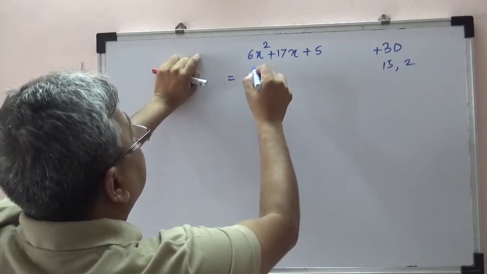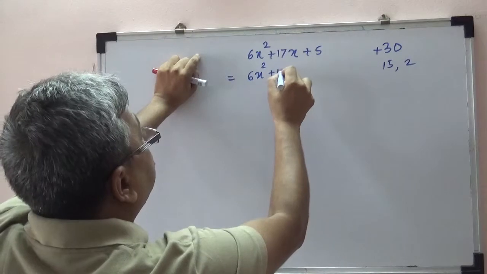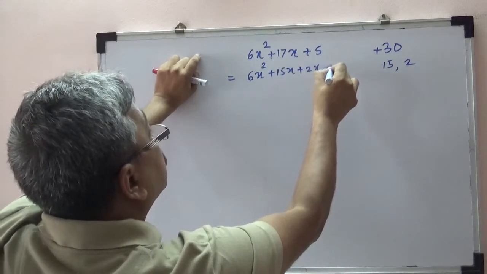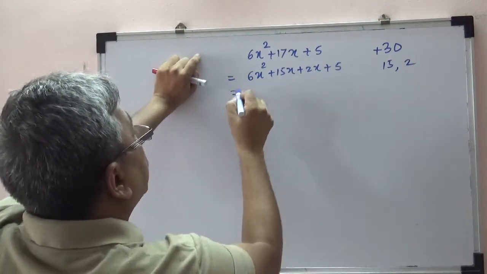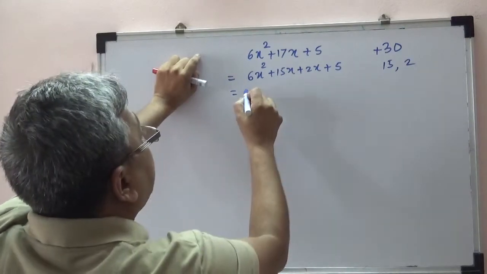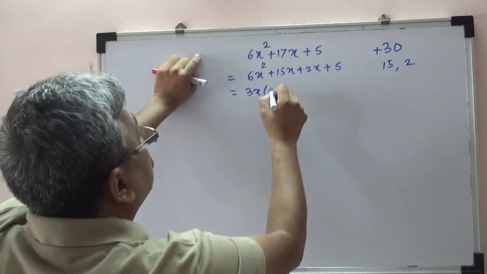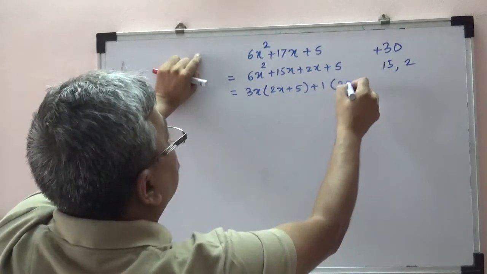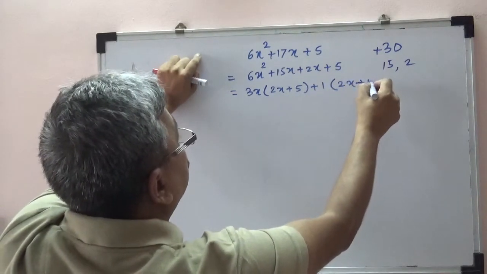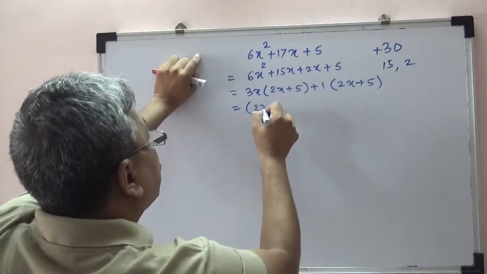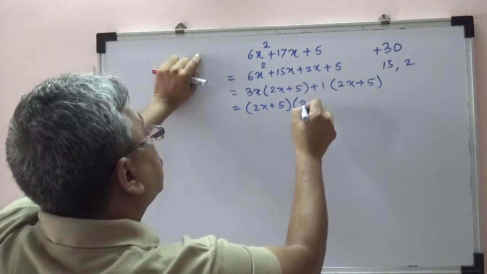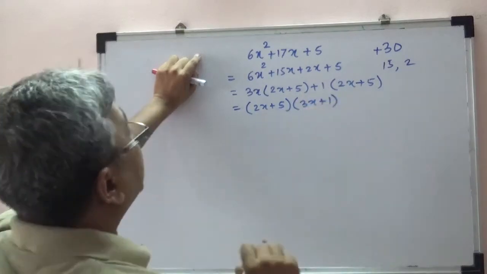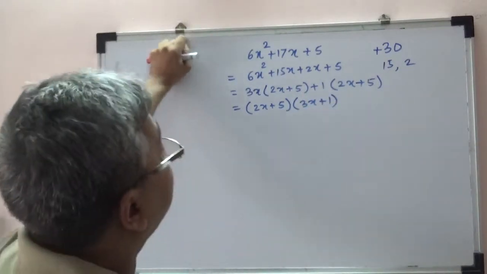Therefore we write 6x square plus 15x plus 2x plus 5. Here we observe that 3x comes out common, giving 2x plus 5 times 3x, plus 1 times 2x plus 5. Now (2x plus 5) comes out common, so we get (2x plus 5) into (3x plus 1). This is the factorization of identities like this.